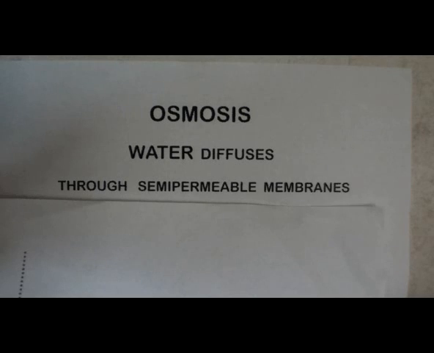So this is water diffusing through a semi-permeable membrane to reach an equilibrium with itself. However, this membrane is semi-permeable. Water is free to move through this membrane in any direction, but the solutes are not. They're too big to go through the membrane.